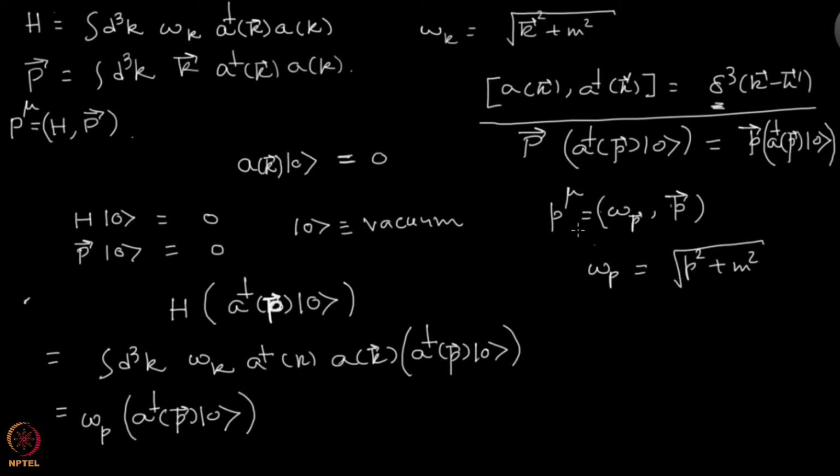Okay. Now, you see this relation which we have here is the relation between energy and momentum of a relativistic particle, okay, which means that A dagger of p ket 0 indeed represents a relativistic particle of mass m.